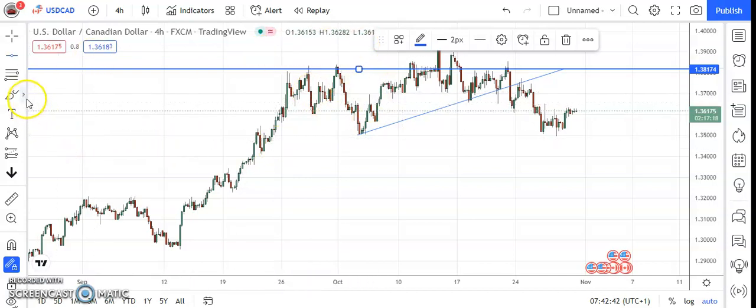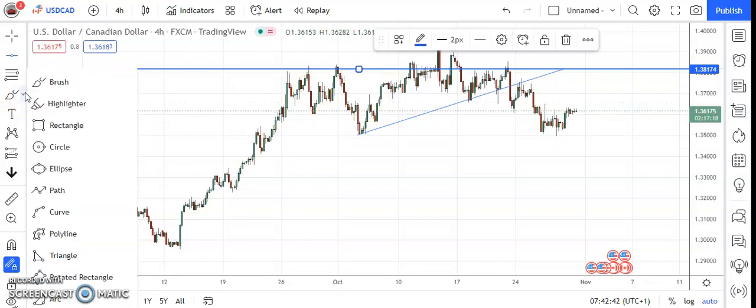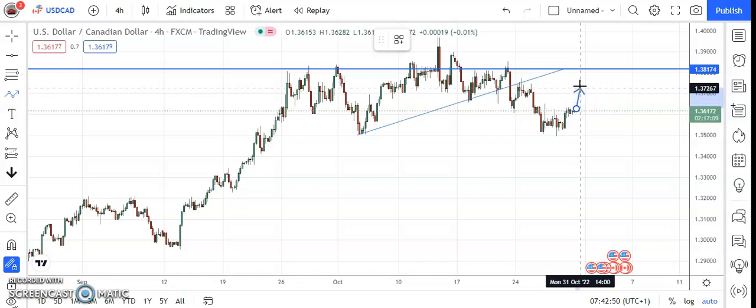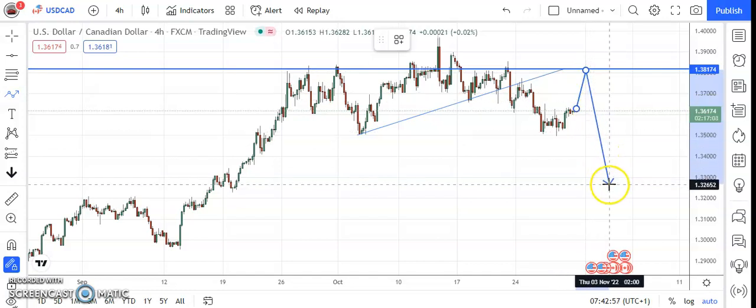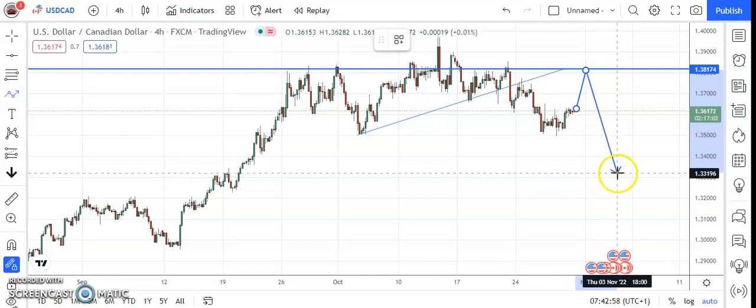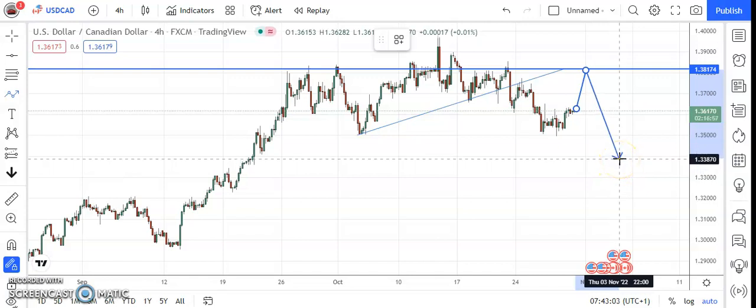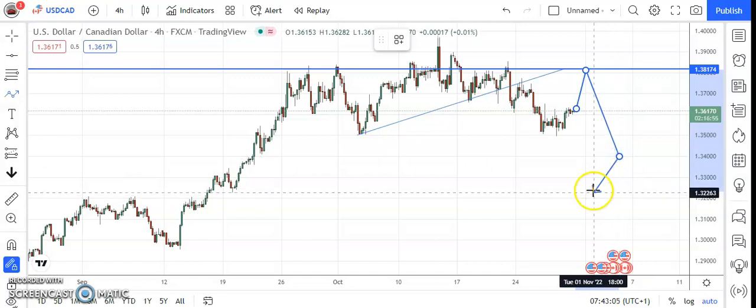So if we can get a move higher, all the way around here, maybe we can get a proper sell, maybe to 134 or somewhere there, maybe around here somewhere.